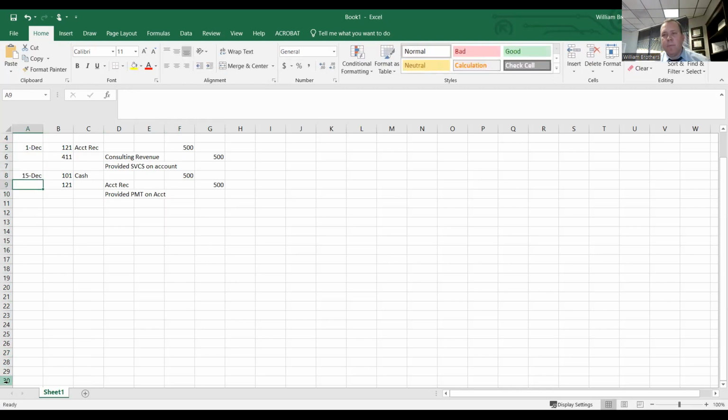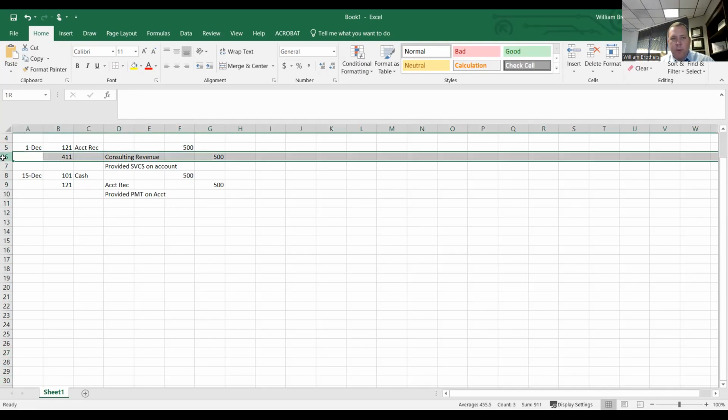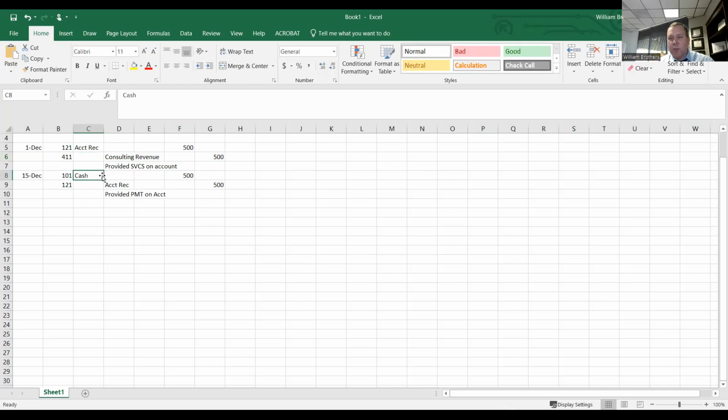Paid at mid-month. If I look at what happened there, be sure that you're aware of this. In the first example, I recognized the revenue. In this example, you do not recognize revenue again. You've already recognized it once when you pulled in consulting revenue. All that's happening in this transaction is I'm exchanging one asset for another. I'm exchanging an asset that's close to cash in the form of a receivable for actual cash.